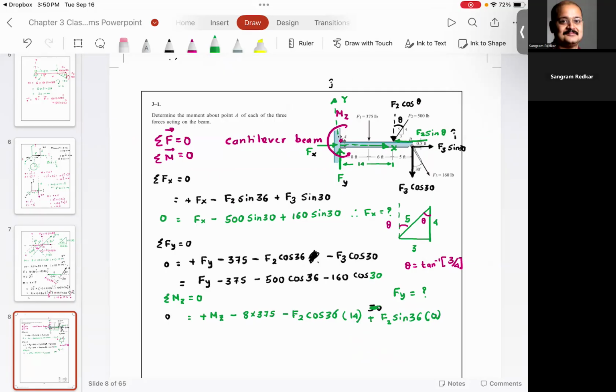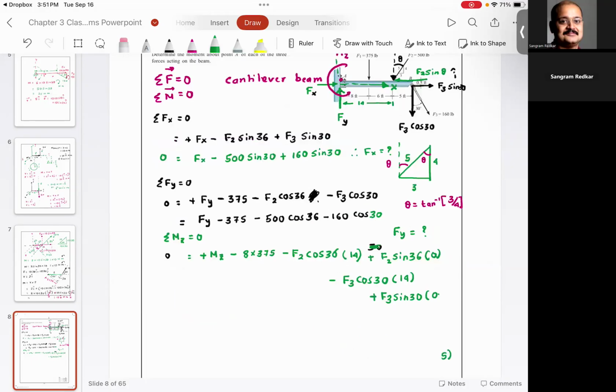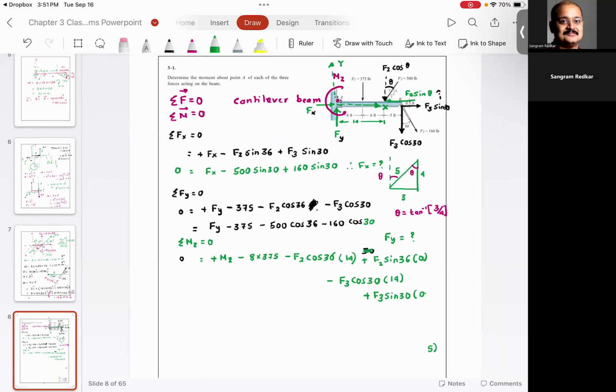Then you are going to have minus F3 cosine 30 times 19. And then I will have, curl your fingers, plus F3 sine 30 multiplied by 0.5. Everyone agrees? Any question? 2.5.